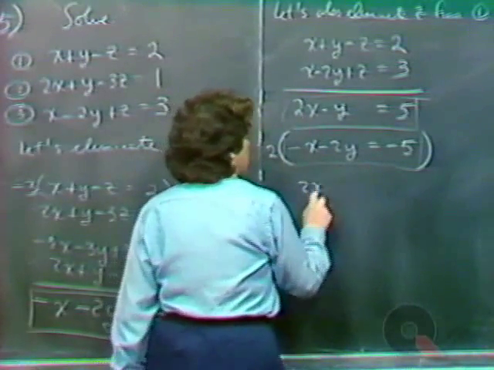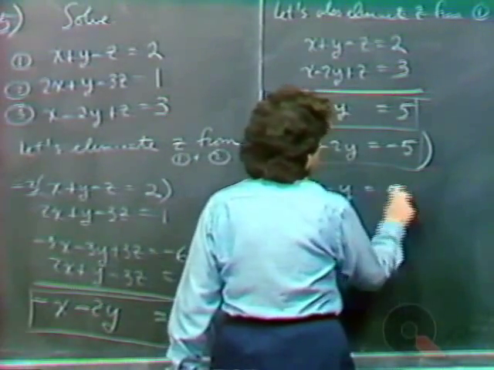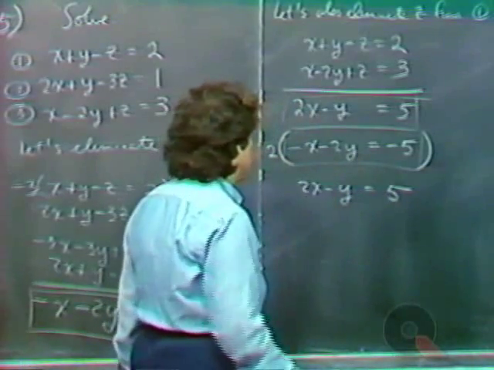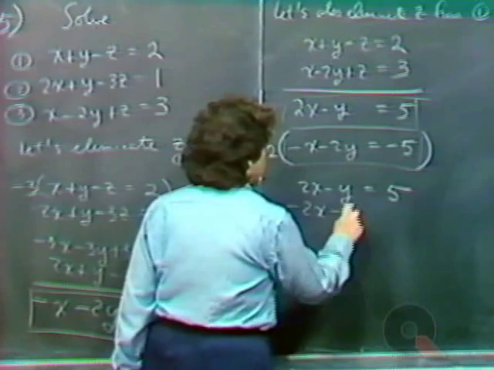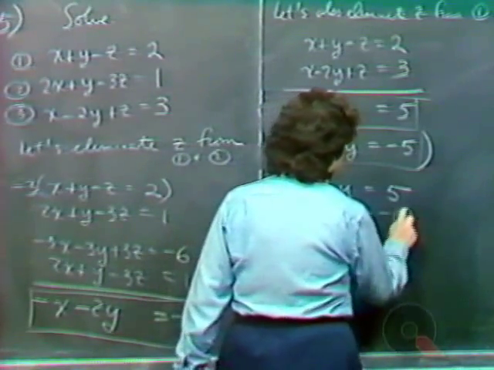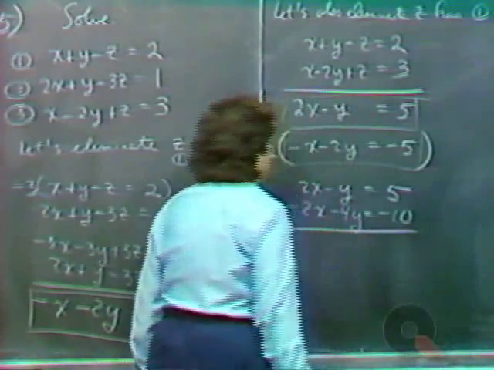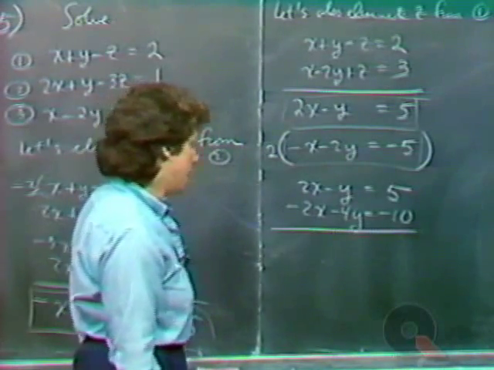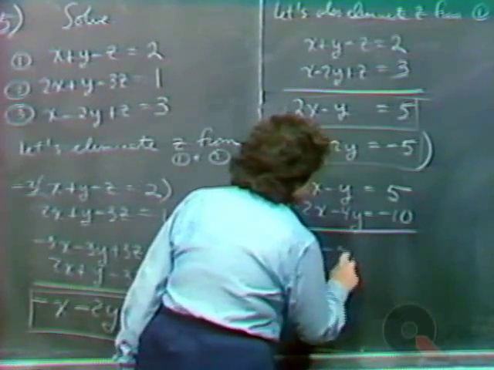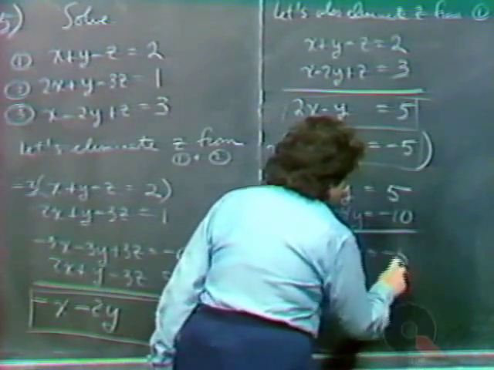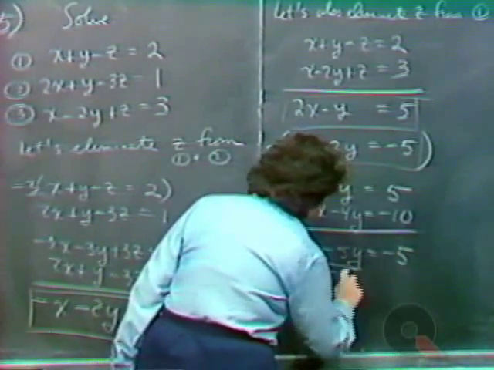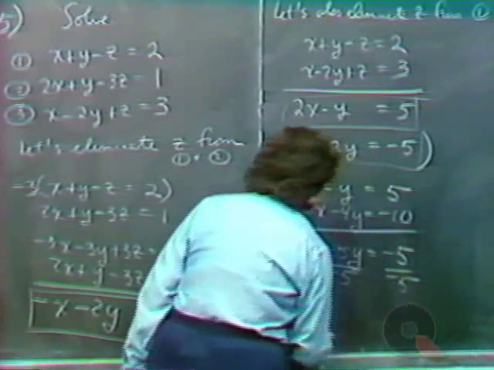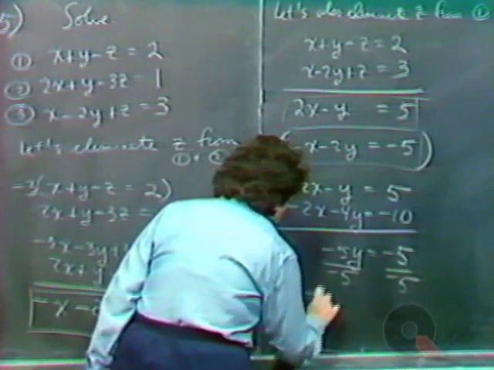We get 2x minus y is 5. Multiply this one by 2, and you get minus 2x minus 4y is minus 10. Now add, the x's are eliminated, and I get minus 5y is minus 5. Or dividing through by minus 5, y equals plus 1.